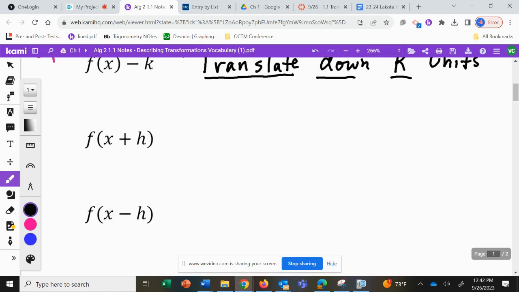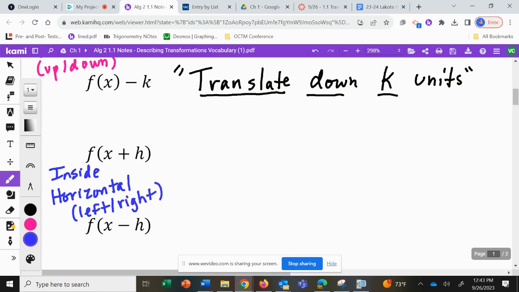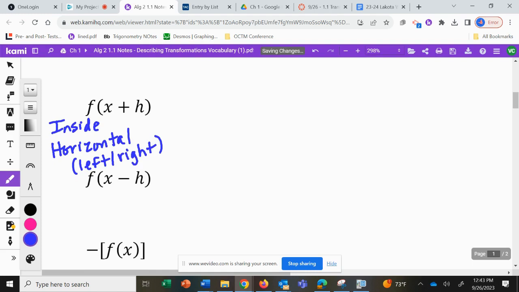Okay, so then we get to f of x plus h, and that one is on the inside of the function. Anything on the inside is horizontal. So my options for horizontal would be left or right. But there is one more thing about everything on the inside, everything horizontal.